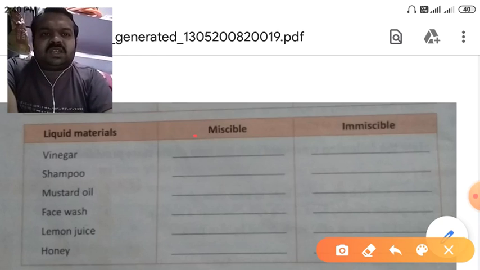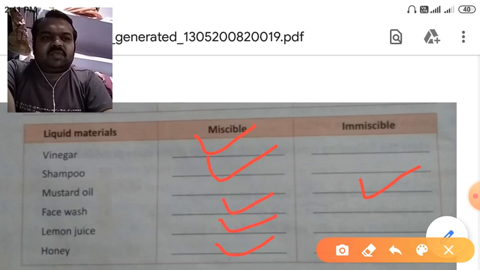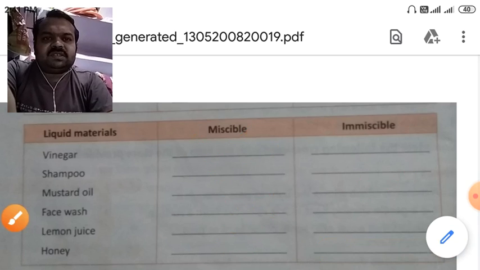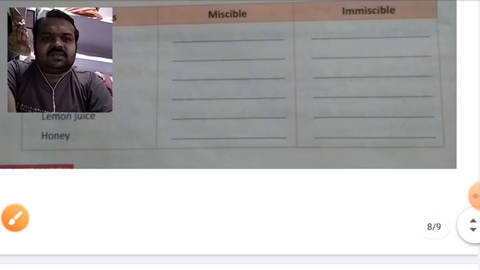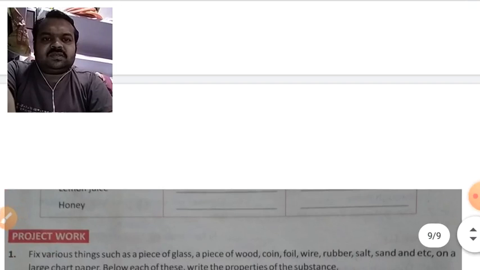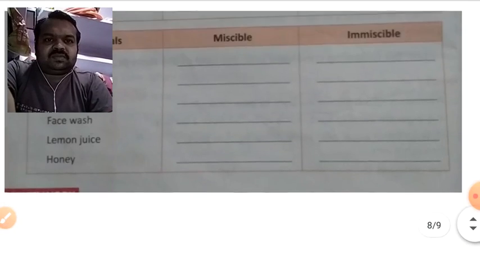So vinegar is miscible in water, shampoo is also miscible with the water, but mustard oil is not miscible, that is immiscible in water. Face wash is also miscible, lemon juice is also miscible, honey is miscible. So you have to fill this table like this, or you can write yes or no also.